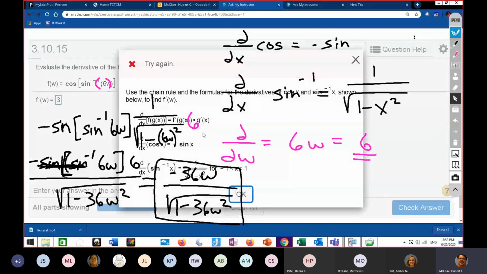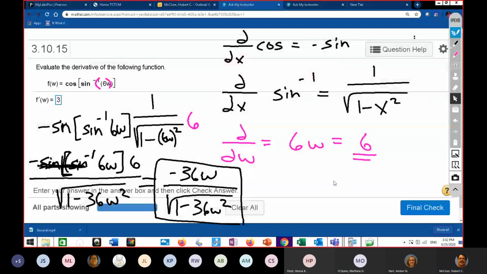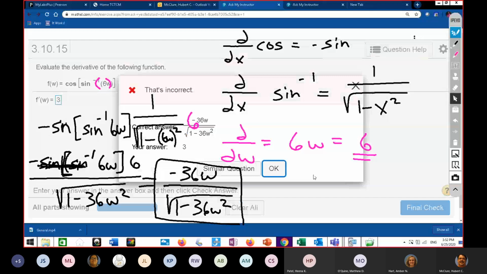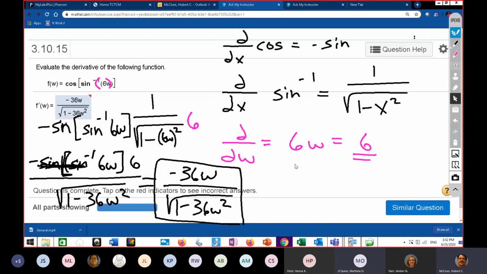We've already had to catch them on 2 or 3. Look over there. Negative 36w over 1 minus 36w squared. That's a good question. Good test question.